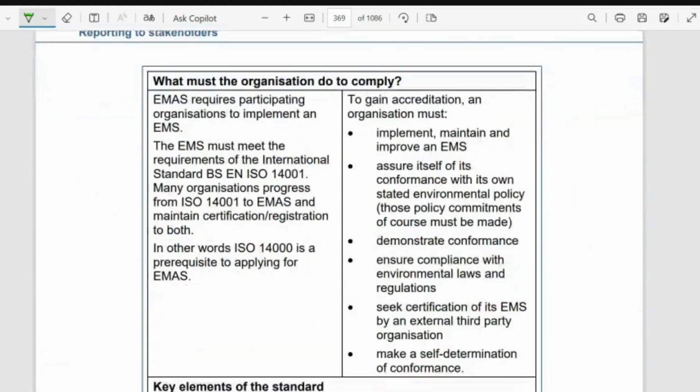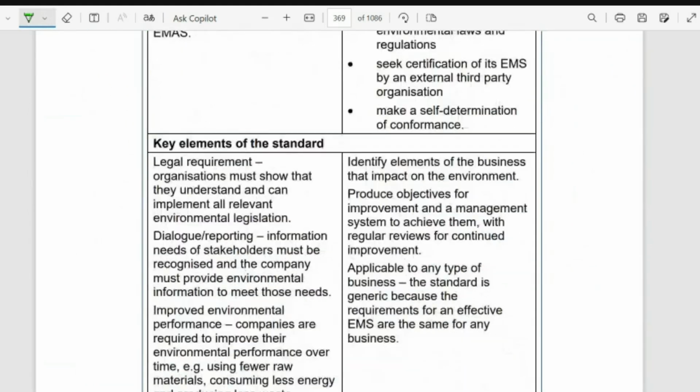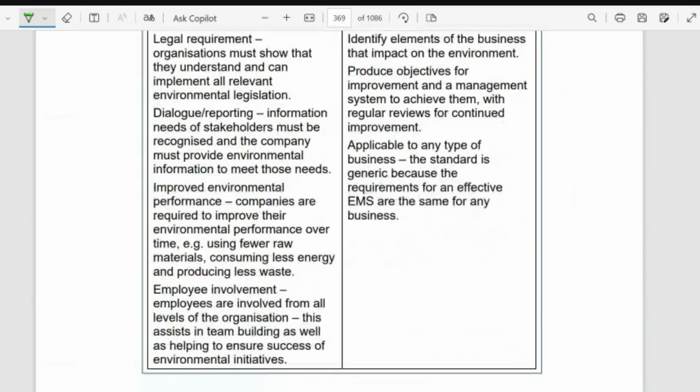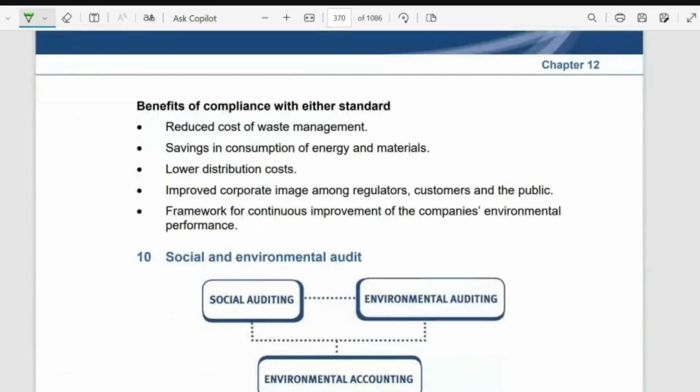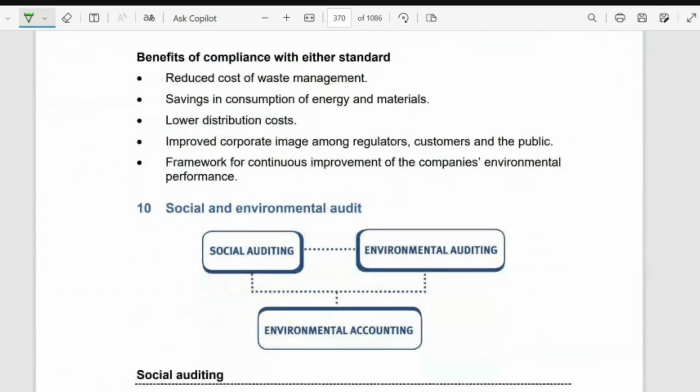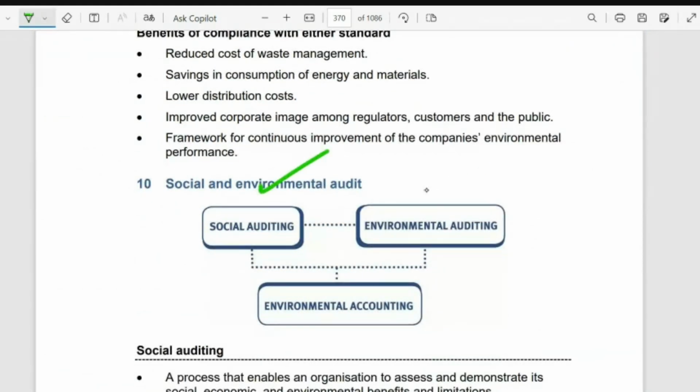What must an organization do to comply with EMS? This is the compliance criteria they have mentioned. Each country can get this license, the ISO 14,000. Benefits: compliance with other standards, social and environment audit, social auditing, environmental accounting, how it works.